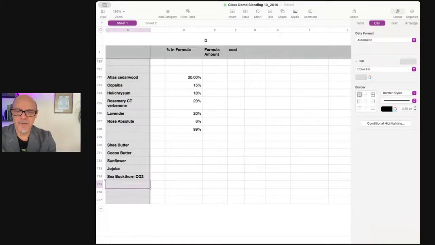I'll explain that CO2 extract in a second here. That should say astaxanthin. All right, a CO2 extract is supercritical carbon dioxide. It's a different way of extracting compounds out.